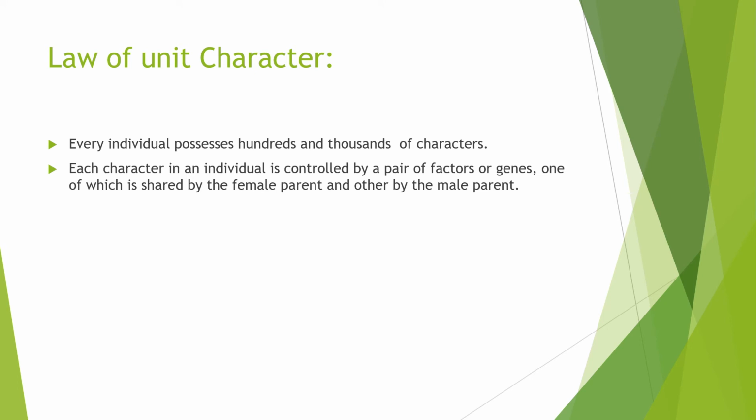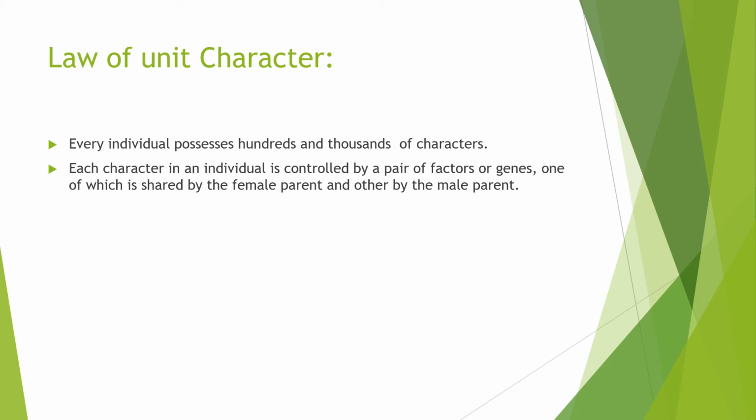Each character in an individual is controlled by a pair of factors or genes. So if my personality has one character, that character is controlled by a pair of factors, one of which is shared by the female parent and the other by the male parent.